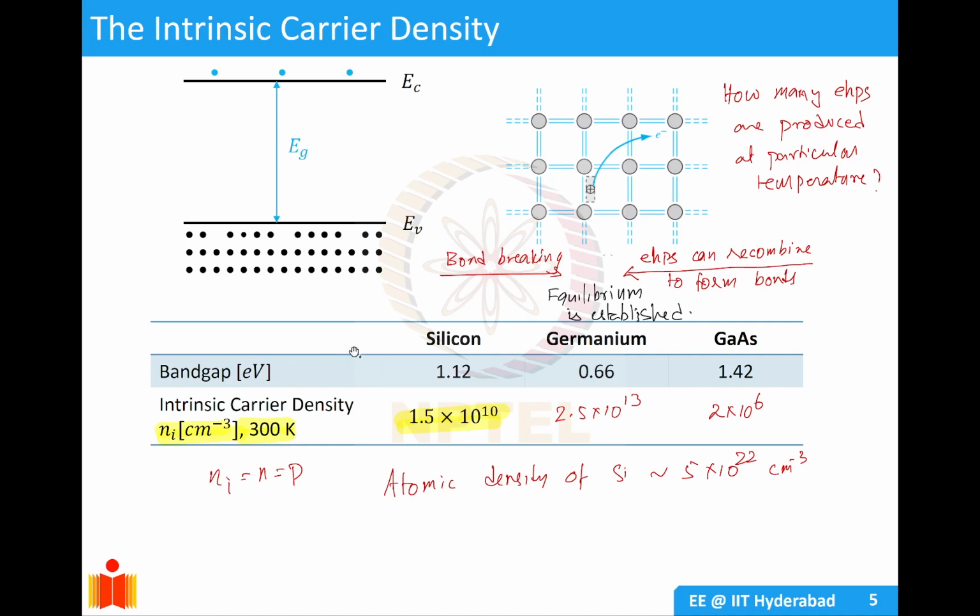For intrinsic silicon at 300 Kelvin, you generally have around 1.5 into 10 to the power 10 per centimeter cube electron concentration, which is what your carrier density is. Since these electrons are movable, they can contribute to your current flow.